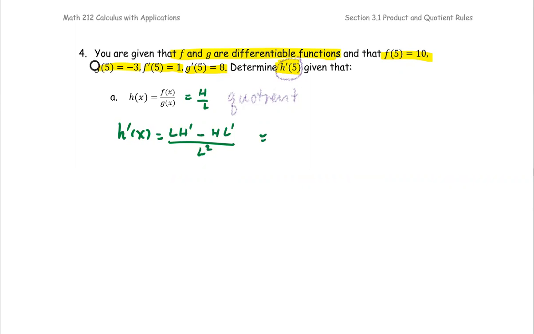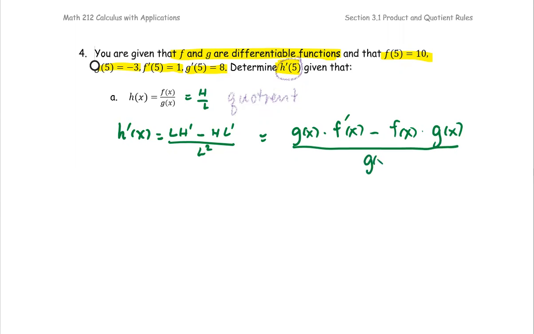So I'm going to replace the low with G of x and multiply by the derivative of F, subtracted by F multiplied by the derivative of the low, which is the derivative of G. Basically, it's back to one of the forms of the quotient rule, where the low is G. Why do I go back to F and G? Because all information is provided in terms of F and G.